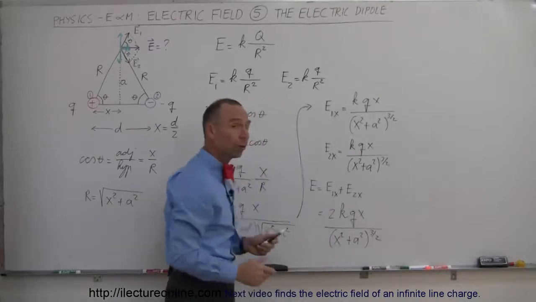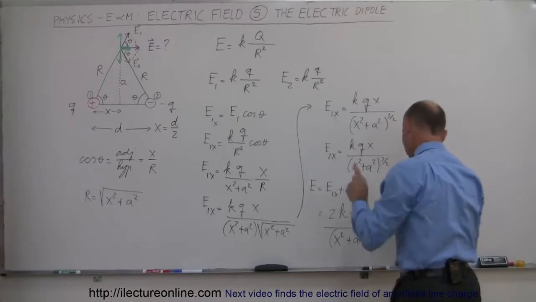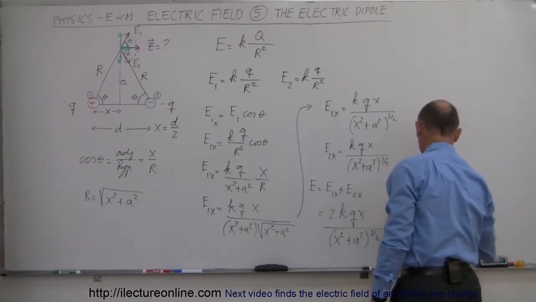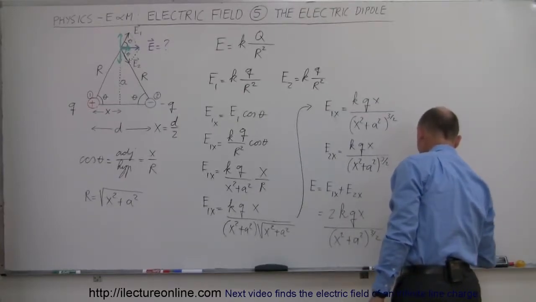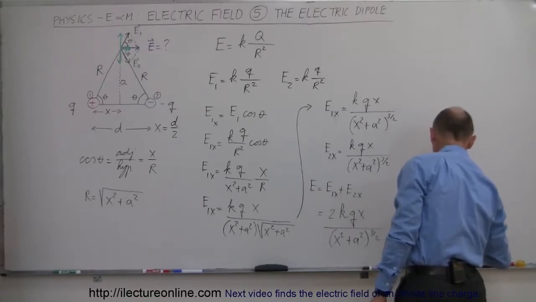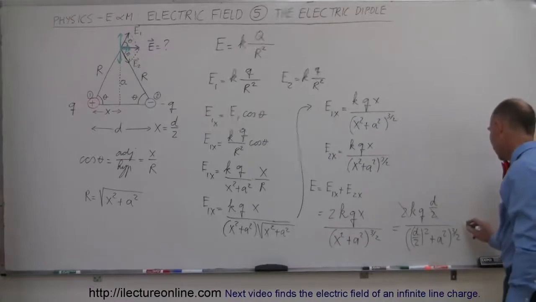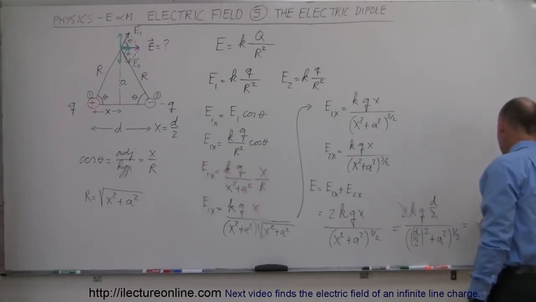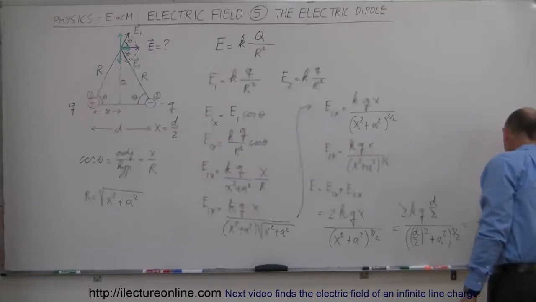What we'll get is 2kq times d over 2 divided by d over 2 quantity squared plus a squared to the 3/2 power. And finally, you can see that the 2's cancel out, so this is equal to k q d divided by d over 2 quantity squared plus a squared to the 3/2 power.